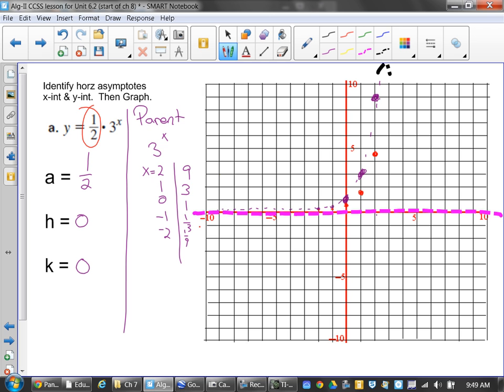It's the y-intercept. Your a value becomes your y-intercept. Does it always do that, or only when you don't have an h and k here? Right.